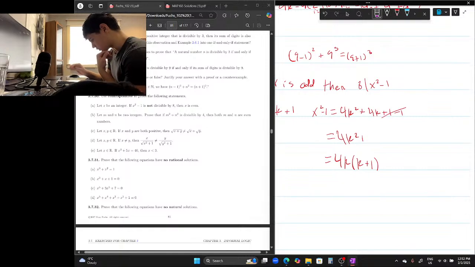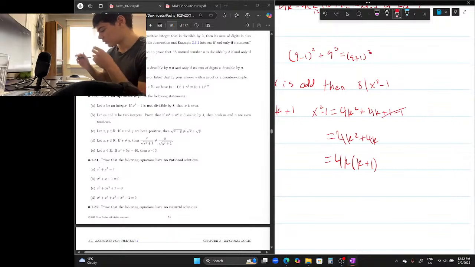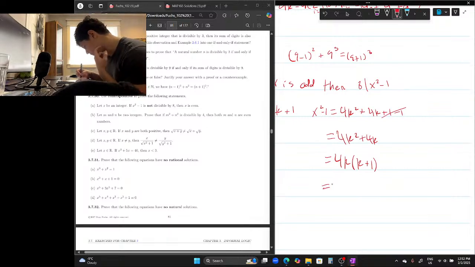I don't remember what the solution did, and I don't want to remember, which is good. So 4k. Okay. So k and k plus 1 are consecutive integers. So one of them must be even. Doesn't matter which one. Either way, let's just say k is even, for the sake of simplicity.